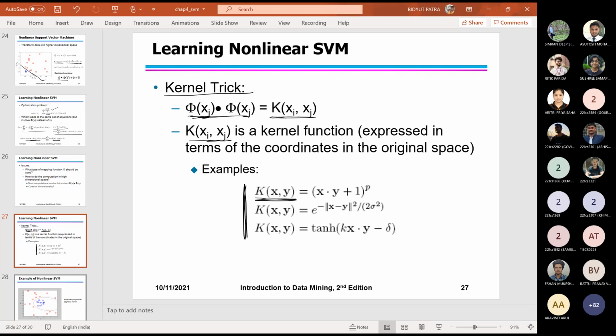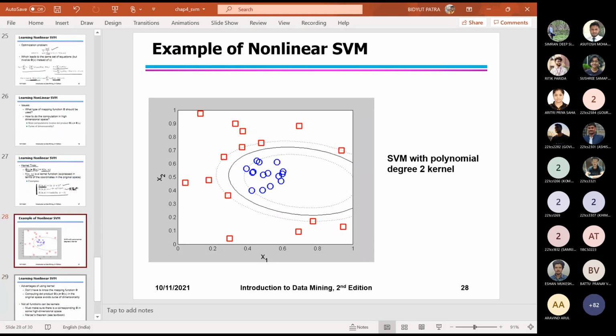This is called the polynomial kernel. This is called the Gaussian kernel or RBF. And this is called the tangent function. These three are popularly used for mapping points from lower dimension to higher dimension. Okay, so this is one example.